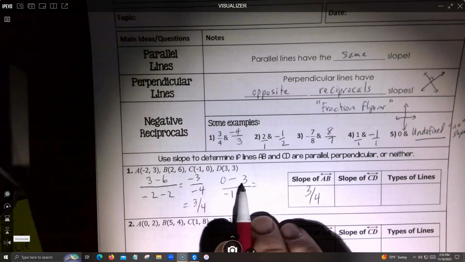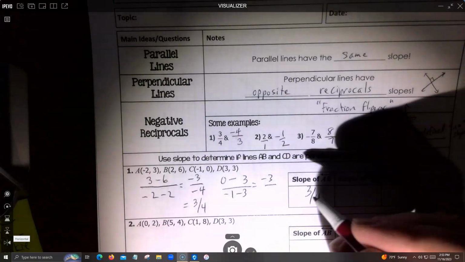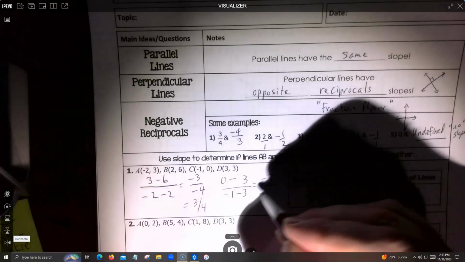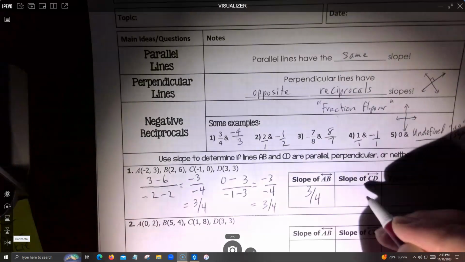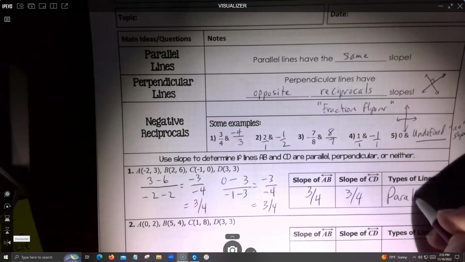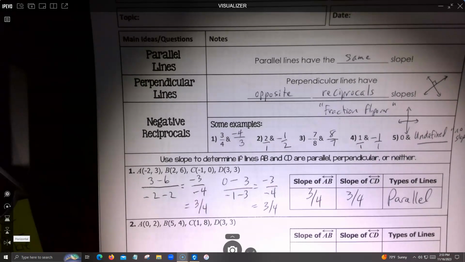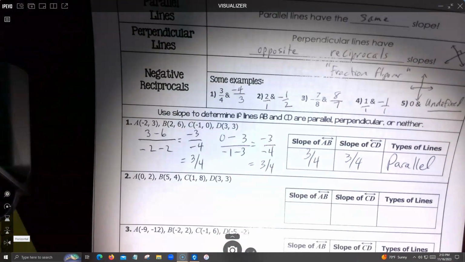So 0 minus 3 is -3, and -1 minus 3 is -4. This is 3/4. So we get the same answer, therefore parallel is what I write here. All right, let's do the second problem.